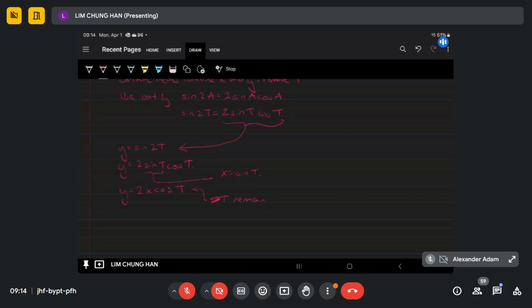How do you remove that cos t? Any ideas?